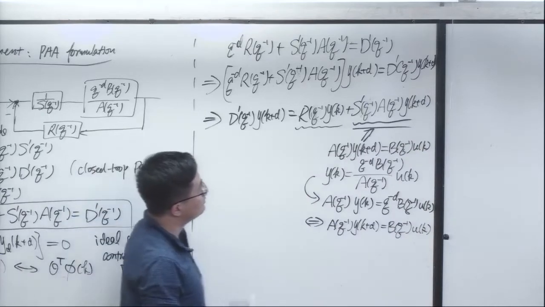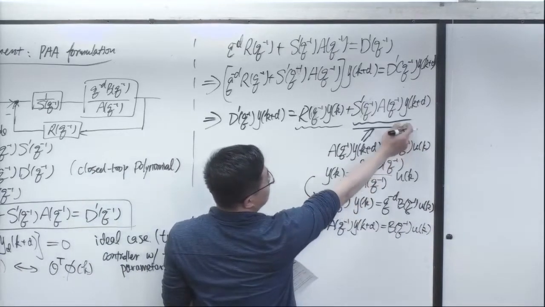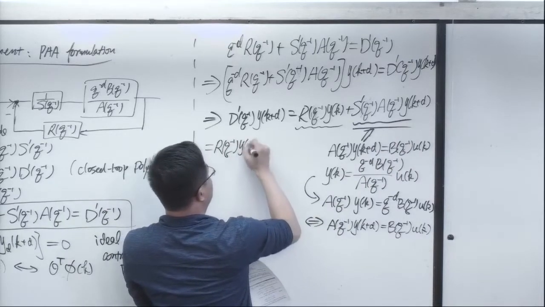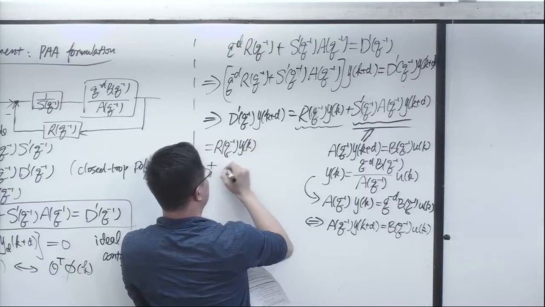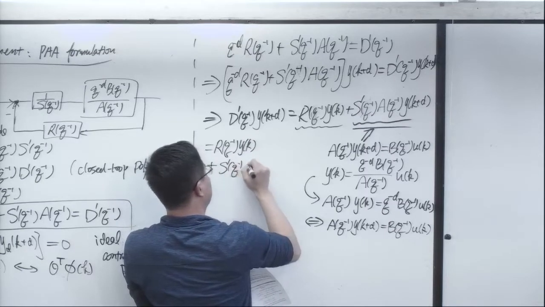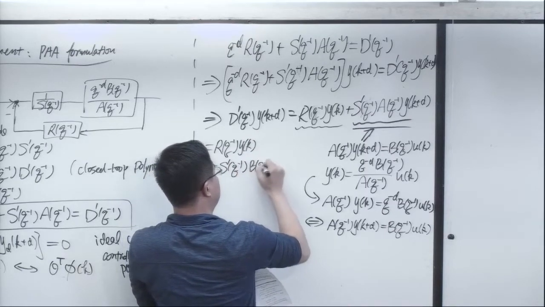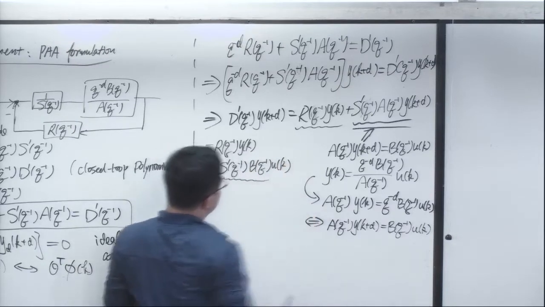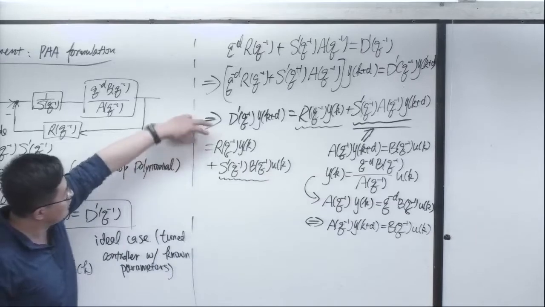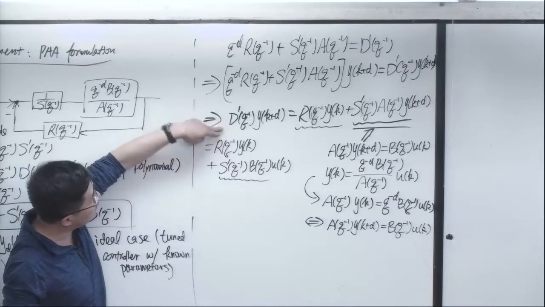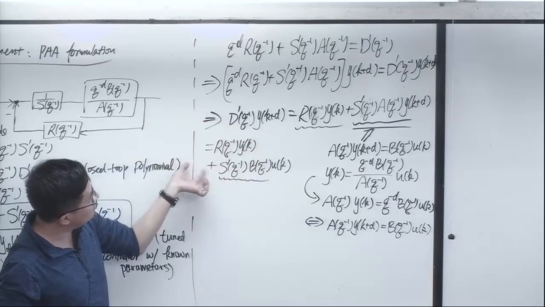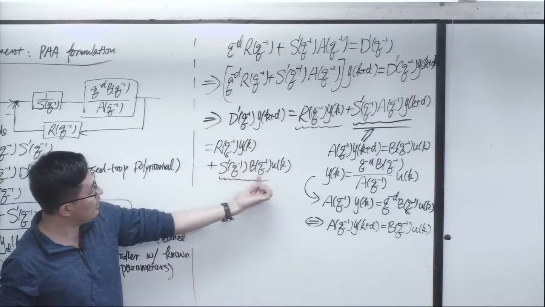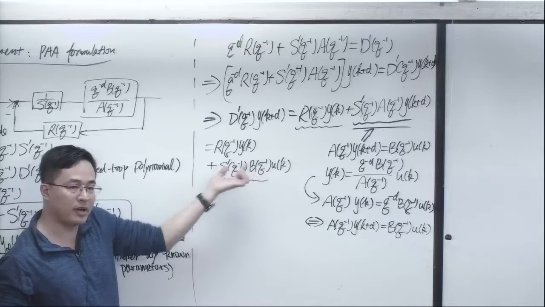So put this now in, and you get that D prime times Y is really a linear combination of the previous output Y and the input filtered by some way.